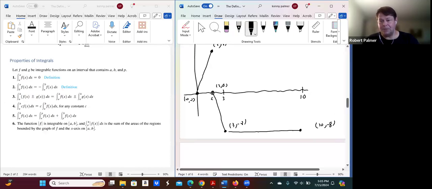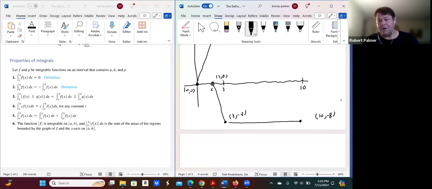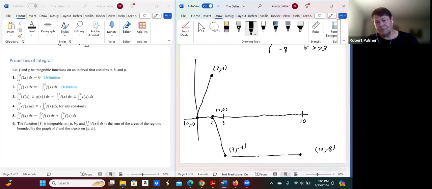Now, we want to find the area under this curve, this area here and here. Hopefully what you notice is we have a few shapes here we can work with. We have 2 triangles and a rectangle.